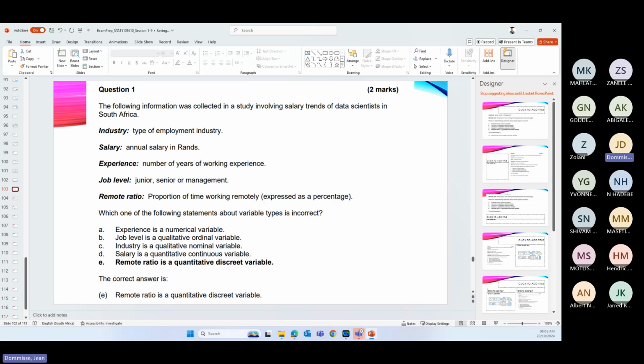Again, the questions were shared on our WhatsApp group, and there's about 1 or 2 questions on study unit 1, and 1 or 2 questions on study unit 2. So on each study unit there are nearly 2 questions.